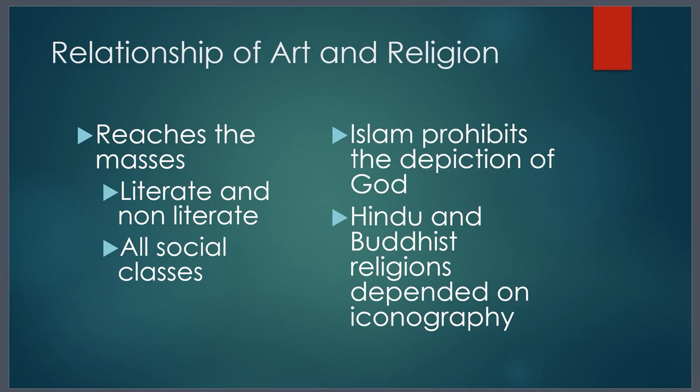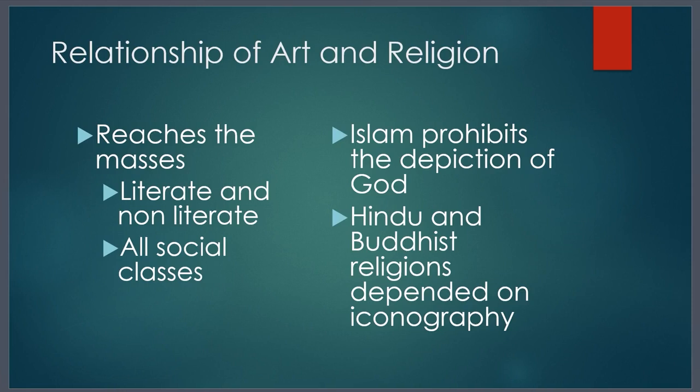Now, when we look at Islam, Islam actually prohibits the depiction of God, but you have this beautiful writing style, and that does encourage, especially the upper class, to be more literate, but that doesn't necessarily mean that the lower class was literate. So they were very dependent on people in a higher status, in a higher religious status, to read to them and tell them what was going on.